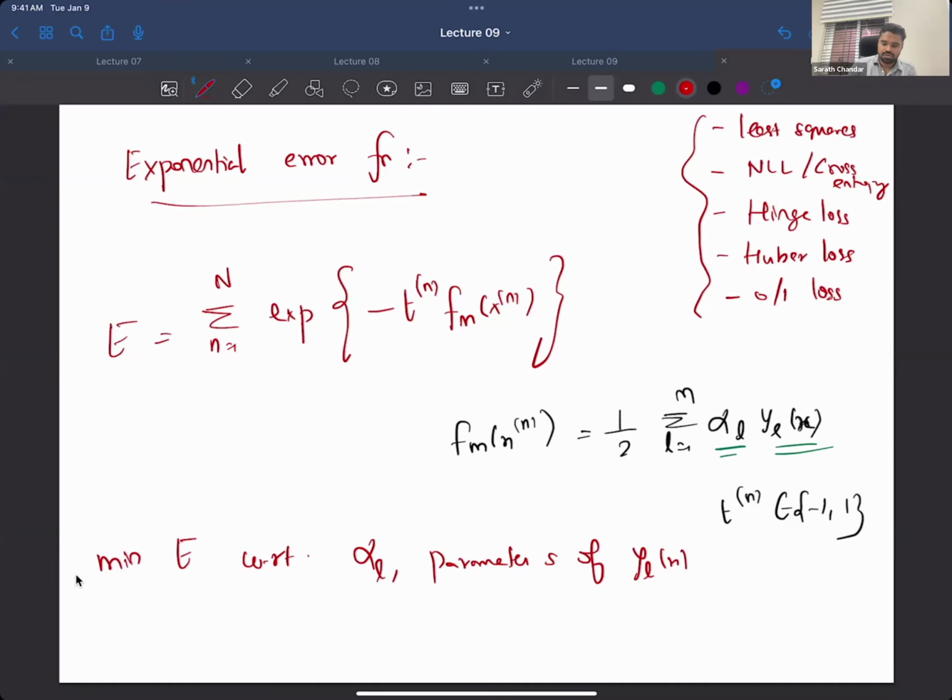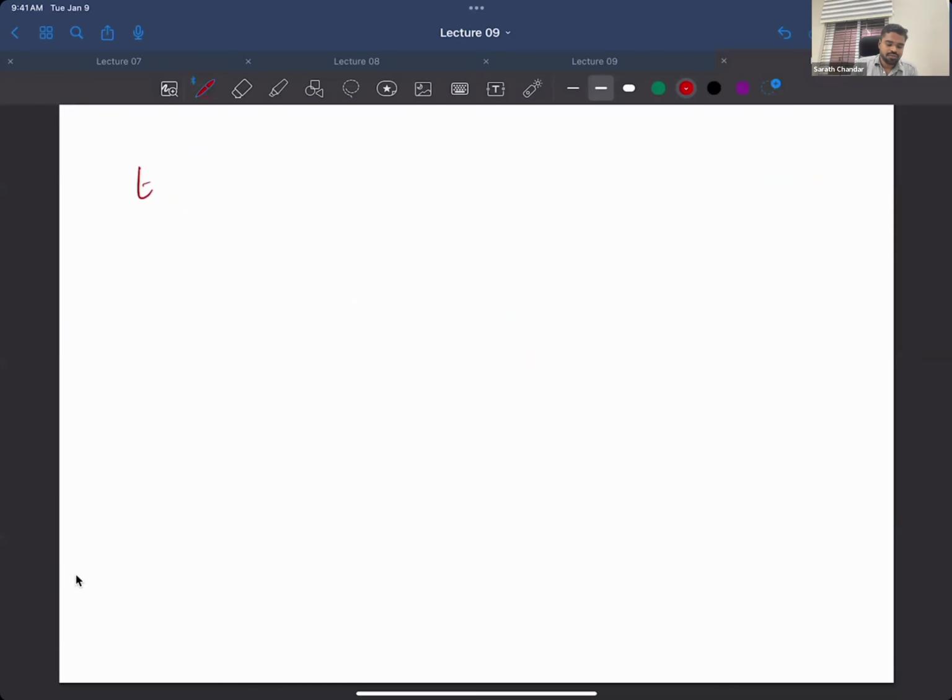Okay, so let's see how to do that. The error function is given by summation n equals 1 to capital N of exp of minus Tn Fm of xn. Now the idea with boosting is I'm going to minimize this error function sequentially. I'm going to do this for the first classifier, then for the second classifier, then for the third classifier.